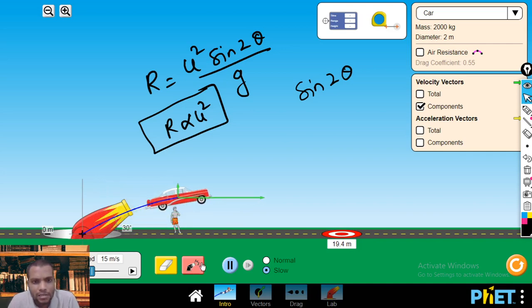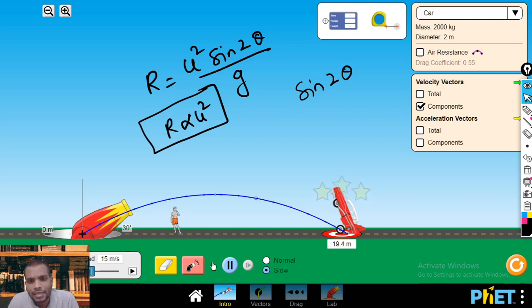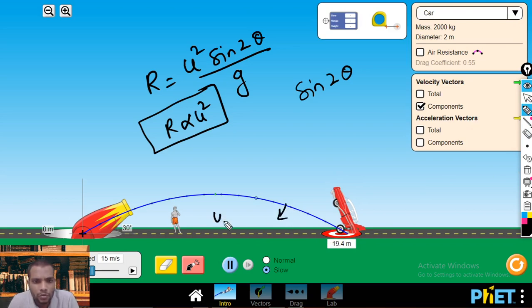When launched, the distance covered by the projectile is exactly 19.4 meter. So this is for initial velocity u equal to 15 meter per second and angle theta equal to 30 degree.